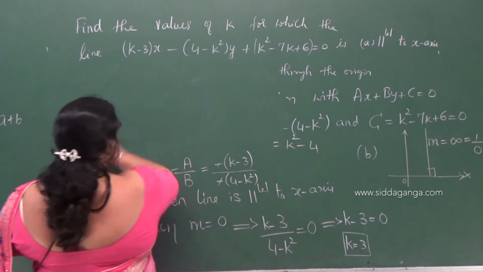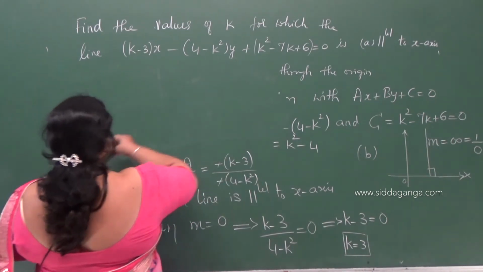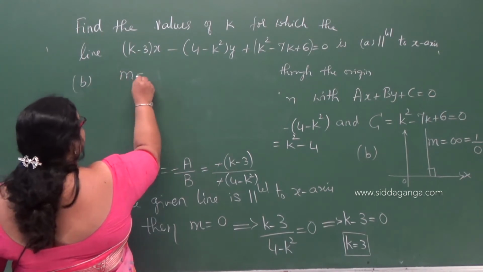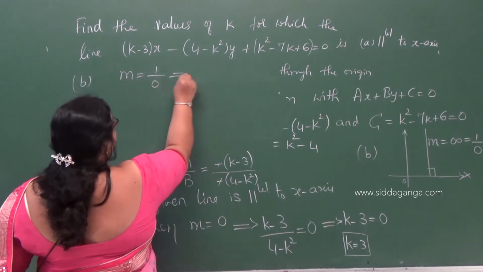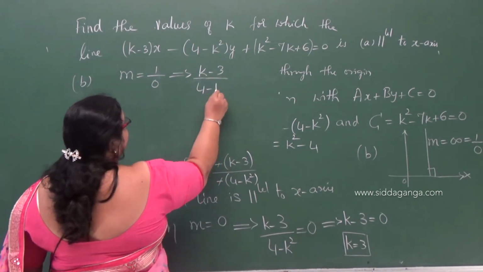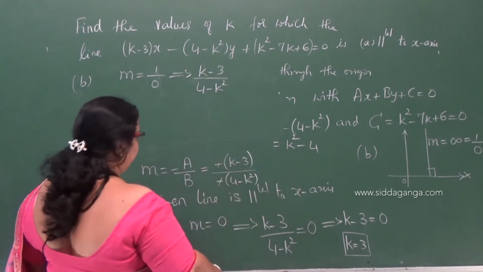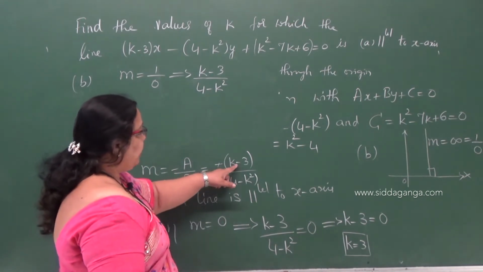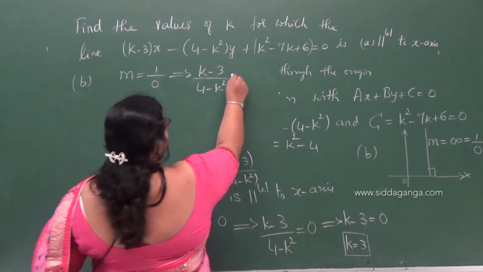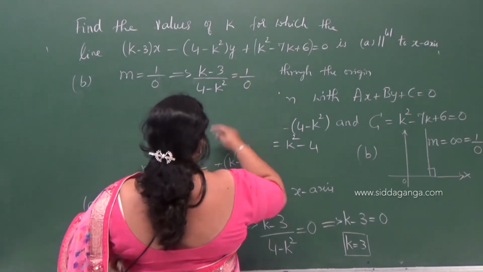For y-axis parallel, sub-question 2, m equal to 1 by 0 implies (k minus 3) divided by (4 minus k square) equal to 1 divided by 0.